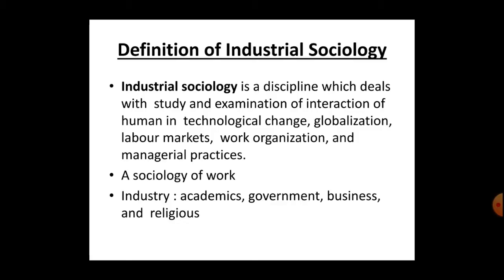The adjective industrial implies the application of sociological theories and methods to one segment of society that is concerned with the economic function of producing and distributing the goods and services which society requires. So, industrial means the organized activity concerned with economic processes.